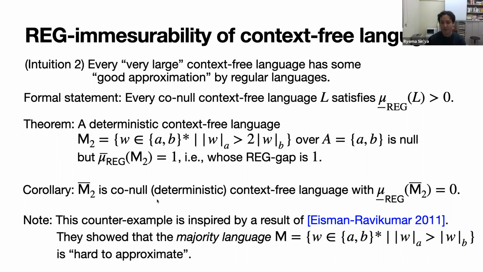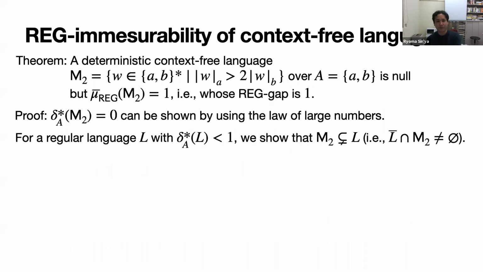Actually, I simplified and generalized their proof and obtained this theorem. The proof is not very complicated, so I will demonstrate how to prove it. It is some basic algebraic theory of regular languages, but it's not difficult, I think.